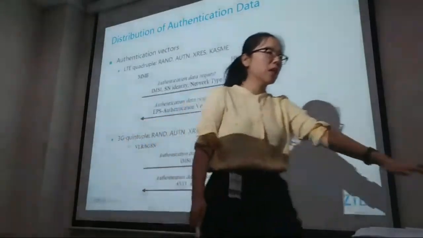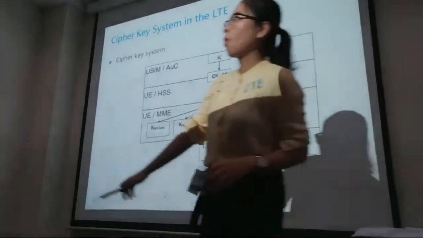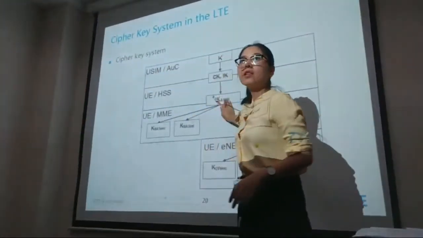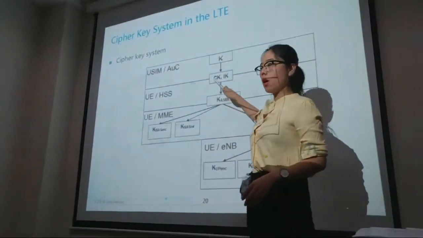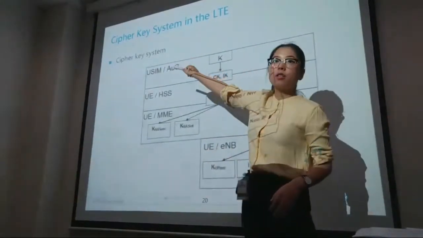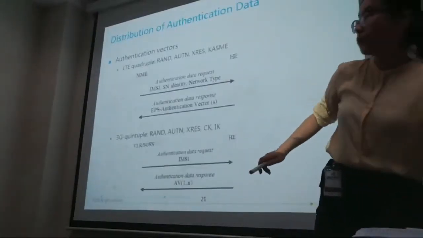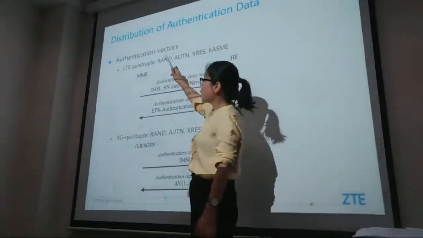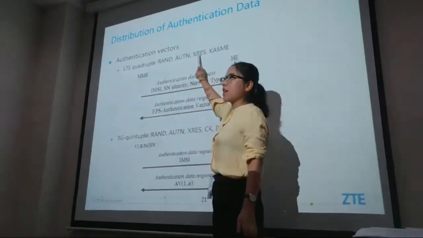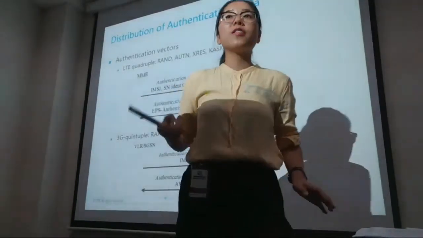Now the MME gets the KASME. This value is used for the cipher system. For the other values, the RAND value, AUTN and XRES are used for authentication.